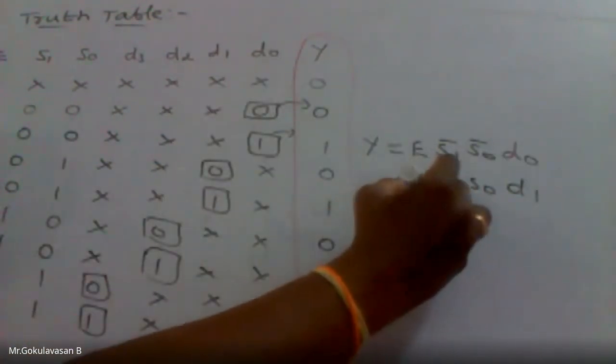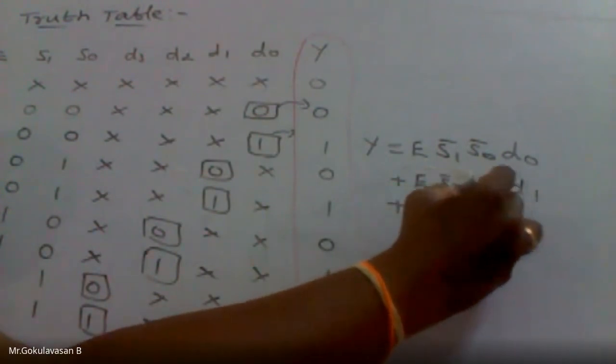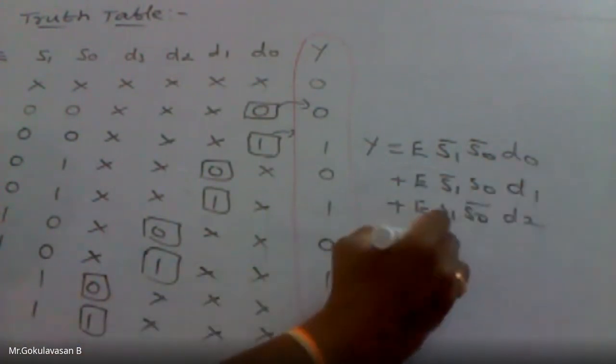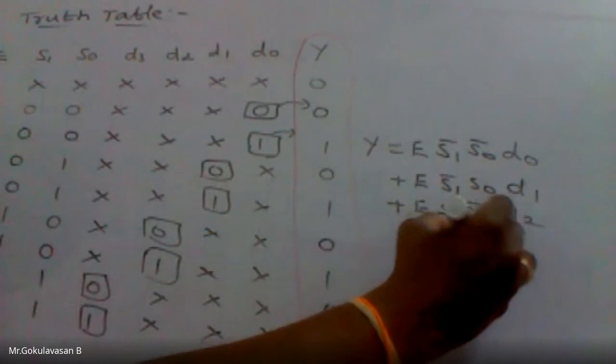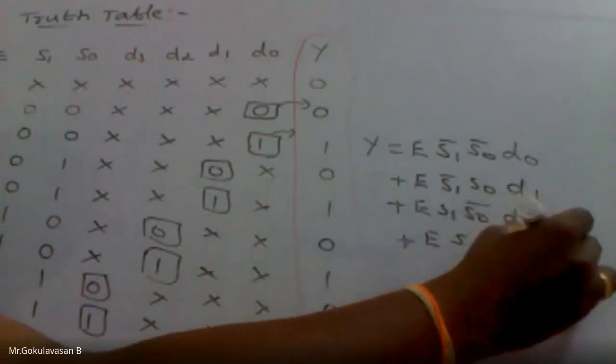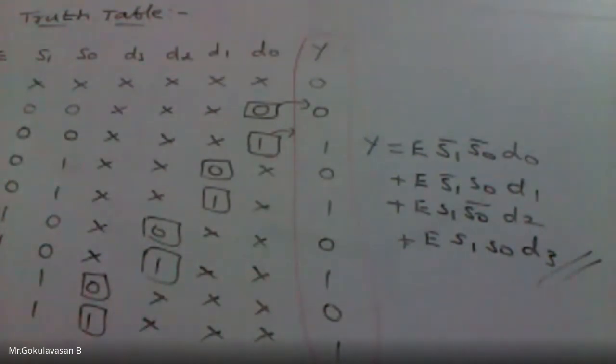Next one is over here, E, S1, S0 bar, D2. Last one is E, S1, S0, D3. This is the Boolean expression for output.